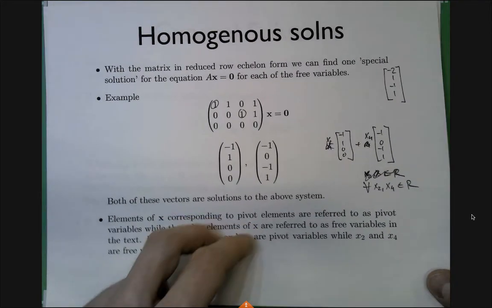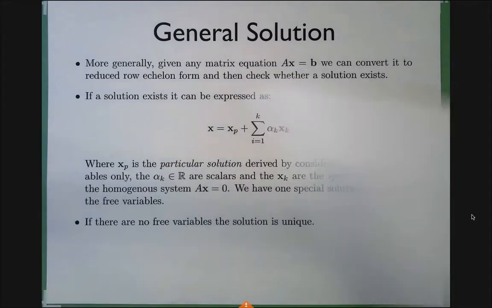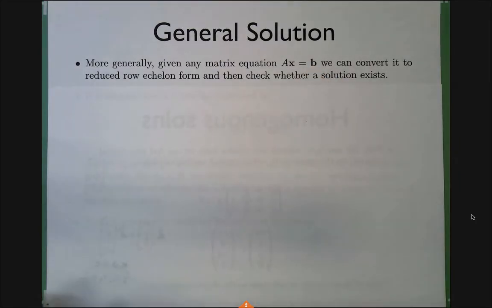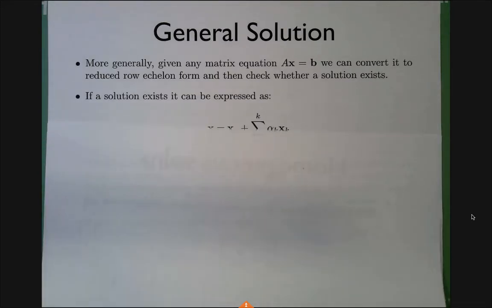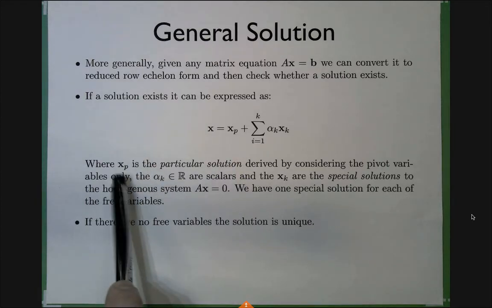Okay, if that's the case, then I would like to move to the general case where I have a non-zero right-hand side, some b on the right-hand side where b is non-zero. It turns out it's relatively simple. The point of the slide is that all I need is one particular solution, xp.